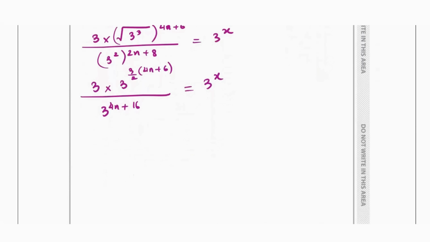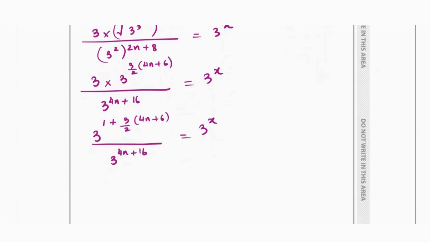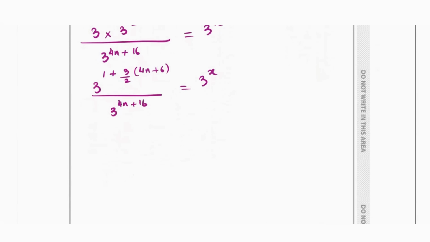When we have similar bases being multiplied, we add the powers. So 1 plus 3 over 2 times 4n plus 6 over 3 to the power of 4n plus 16. Now let's simplify the power in the numerator. So 4n divided by 2 is 2n.